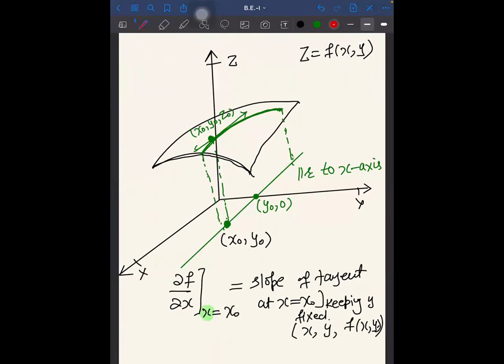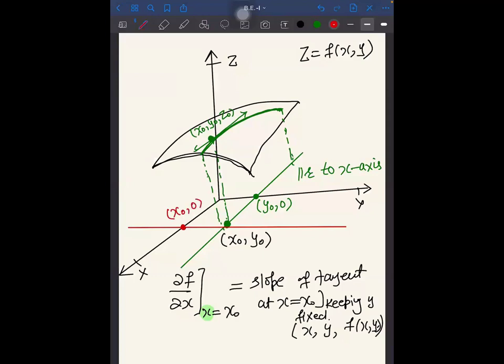So that means you are taking this line. Are you with me on this? So this will be the point x naught, y naught. And what have you done?